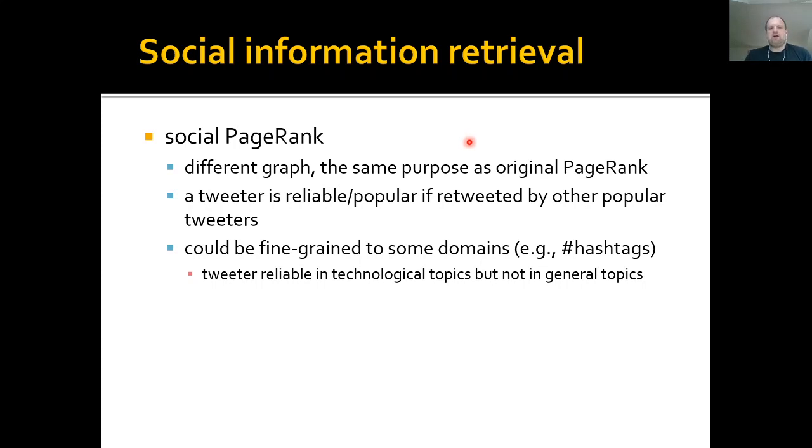We can compute the same because for the PageRank computation we just need the topological information of the graph, no matter what it actually means, and we can compute PageRank of, for example, a user that is cited by other users, so the user will have a high social PageRank, or the user's tweets.